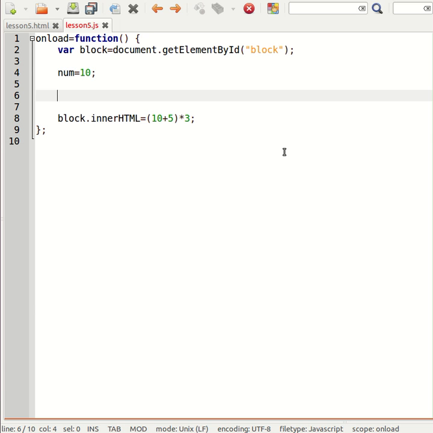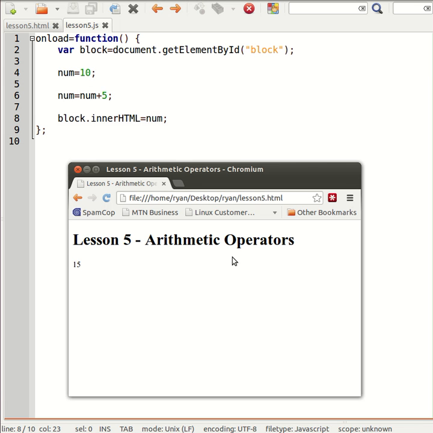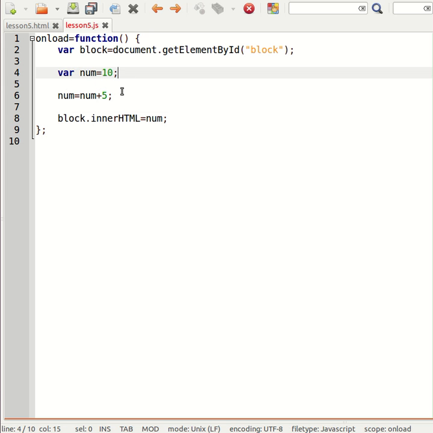So for example, if I wanted to add 5 to that number, I would go num equals num plus 5. I would then be able to output the value to my div, 15. So instead of having to use a separate variable, I'm actually reusing the same variable. I should have declared that variable.